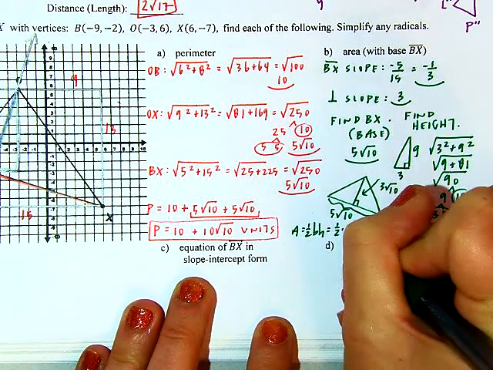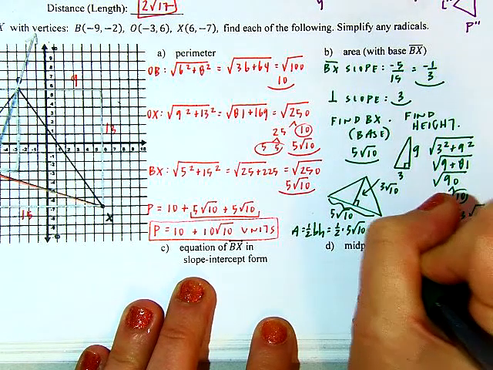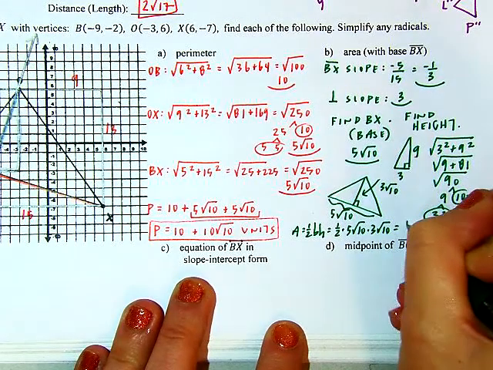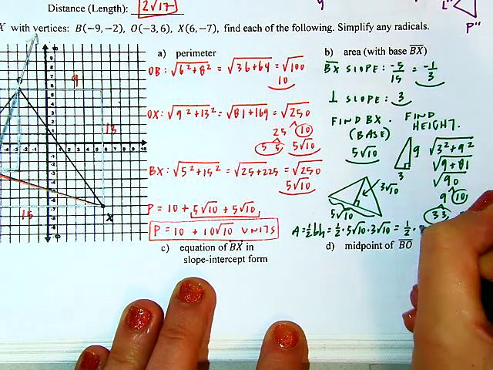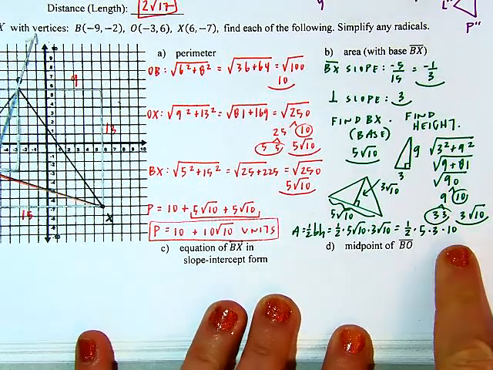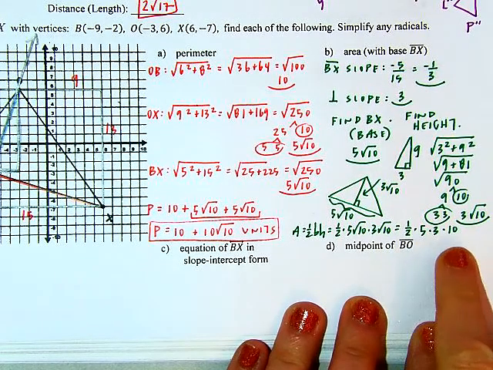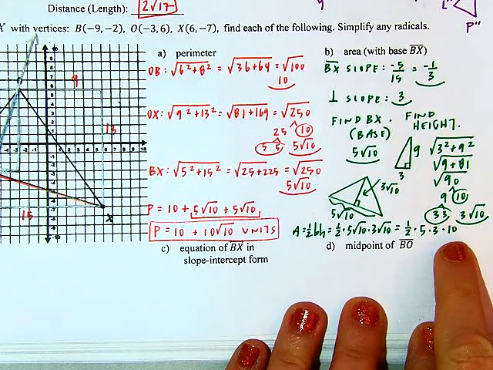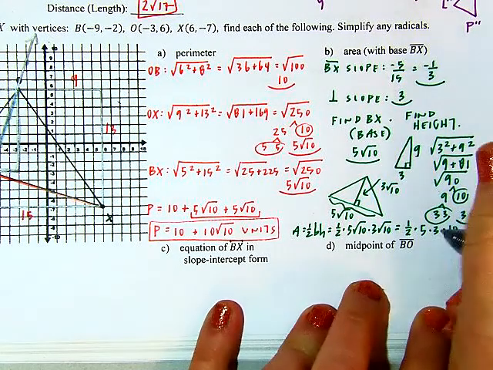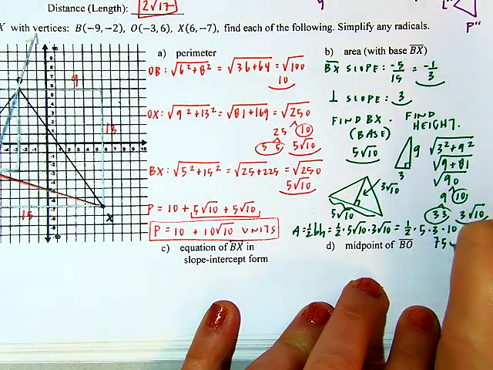So half of 5 root 10 times 3 root 10. That's really saying half of 5 times 3 times 10. I can multiply whatever order I want, so I'd probably take half of the even number first, so that gets me 5, and then times 5 times 3, and I would get 75 units squared.